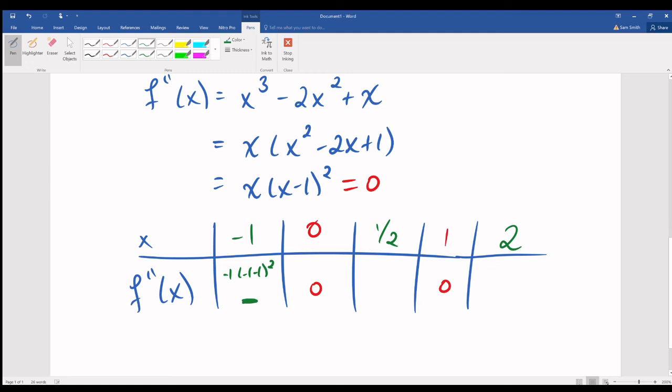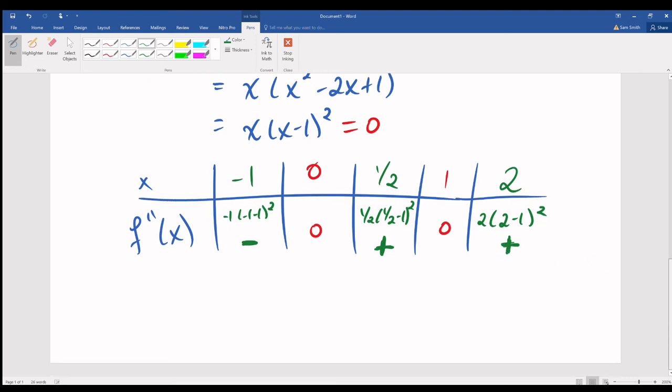If I plug in 1/2, the result of this is a positive number. If I plug in 2 to the second derivative, the result of this will be a positive number. So as the function passes across x equals 0, the function changes from concave down to concave up.